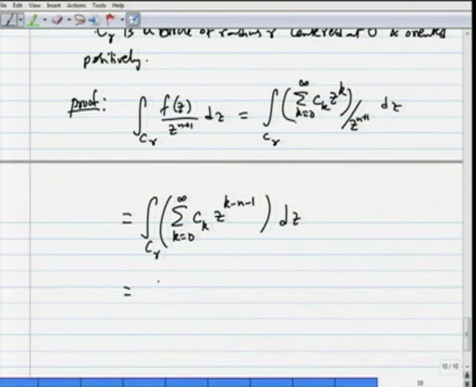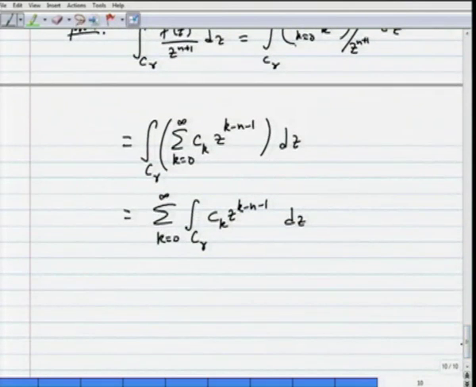So, let us for the time being assume that I can interchange them. I will show that I can interchange them by the earlier result. Then this is equal to the sum k equals 0 through infinity of the contour integration over C r of c k z power k minus n minus 1 dz.